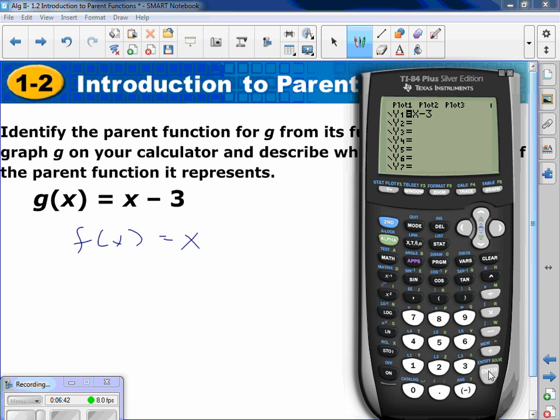Now we're going to press enter, and it's going to take us down to y2. In y2, we're going to put just x. Notice when I type something, it is highlighting the equals. When you have something highlighted, it will graph that.